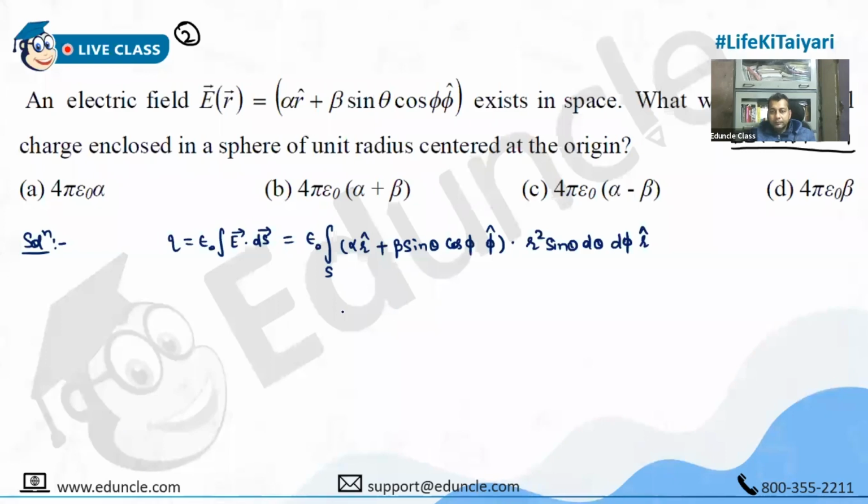So only R cap component will be there. So radius is unity, so it is epsilon naught alpha 1 square and integration of sine theta obviously from 0 to pi and phi from 0 to pi.